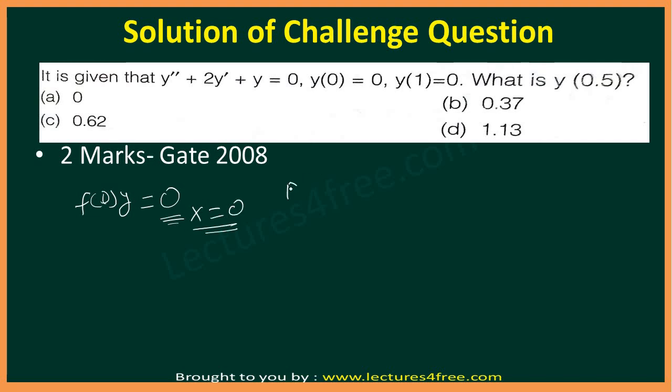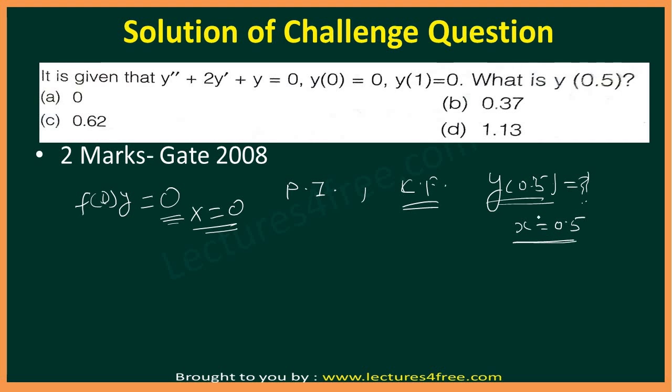You don't need to calculate the particular integral, only the complementary function. The question asks for y(0.5), the value of y when x is 0.5. So to know it, we have to find the equation of y in terms of x.